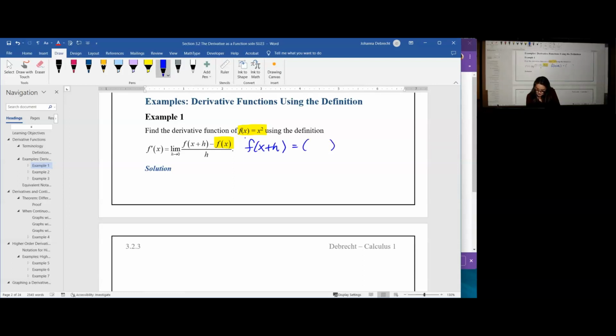This is going to give me something squared, and inside the something, I substitute x plus h, which gives me a binomial squared, which becomes x squared, double the product of the outside and inside, plus the last term squared.